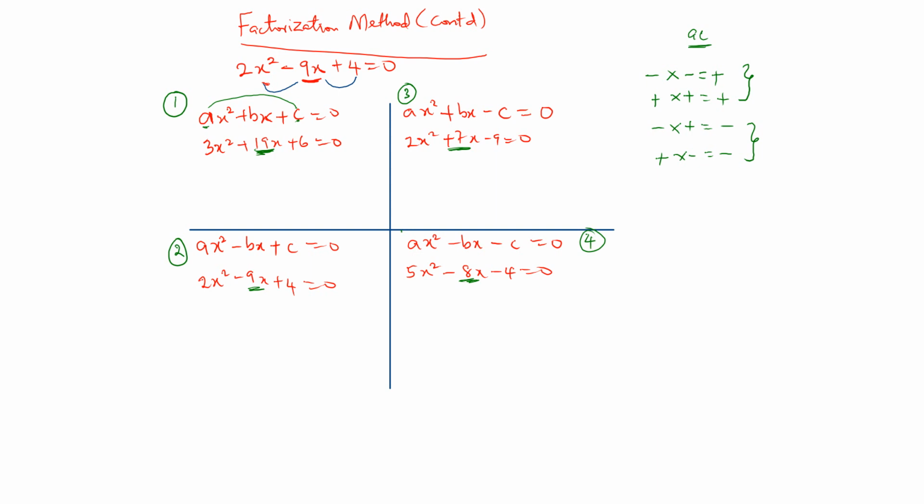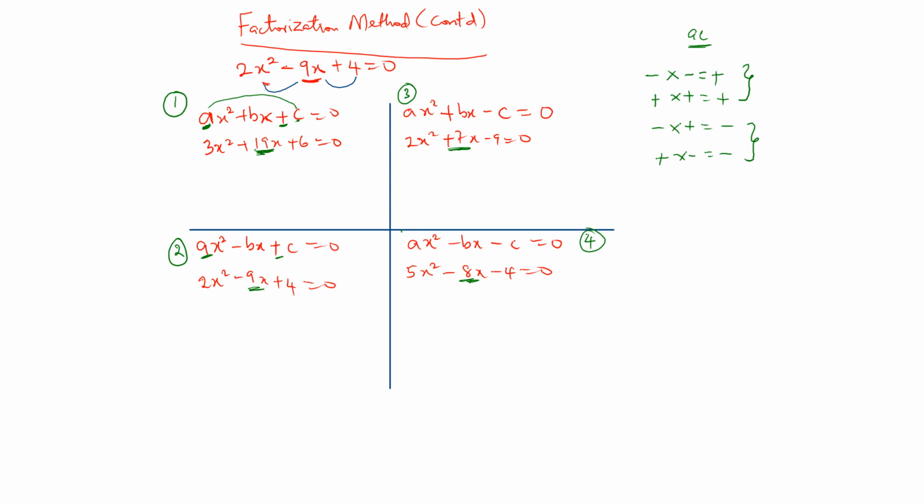How do we know which one will take plus and which one will take minus? The reason these first two options apply is because A is positive and C is positive, so AC will be positive. The product we are having will be positive. So which one?